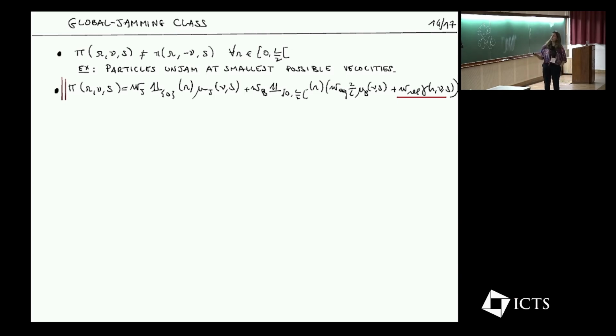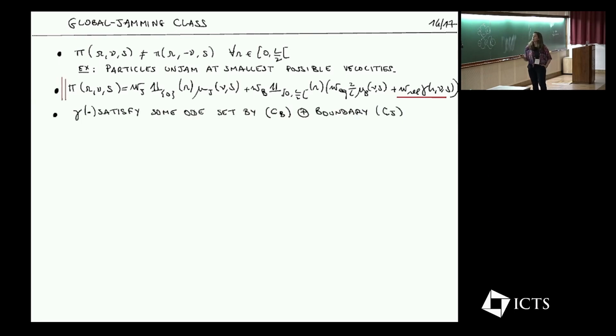Because, okay, it's very nice to have that, but it would be nicer to have an explicit expression for gamma. And the point is that this gamma is actually ruled by a first order ODE that is set by the balance condition, with some kind of boundary condition because of jamming.